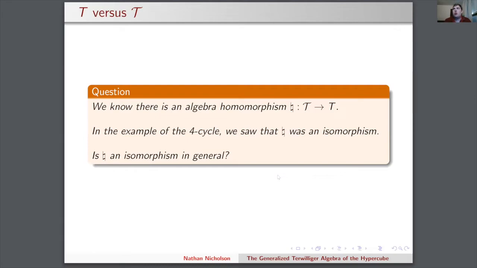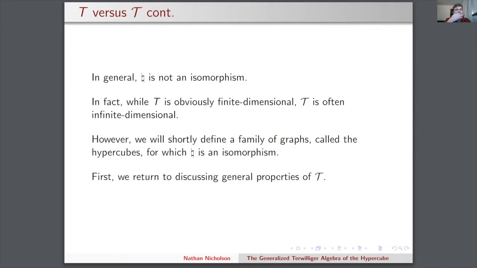In other words, do the structure constants and those triple product relations capture the entire essence of the Terwilliger algebra? Now, the answer is, unfortunately, it doesn't seem to be the case in general. In fact, while T is obviously finite dimensional, the generalized T algebra can be infinite dimensional.